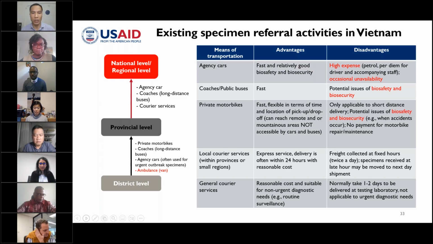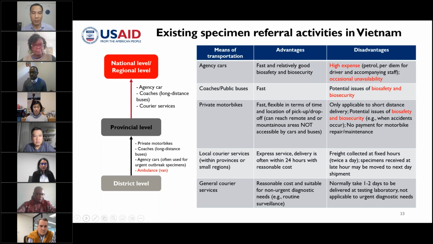And essentially, for most infectious diseases, the specimen is collected at the district or provincial level, and then they refer to the provincial public health lab or animal health lab, and then it could be further transported to the regional or national lab. Or on the human health side, some testing can be done at the provincial center for disease control. So that is a little bit more advanced for the human health side compared to the animal health side.